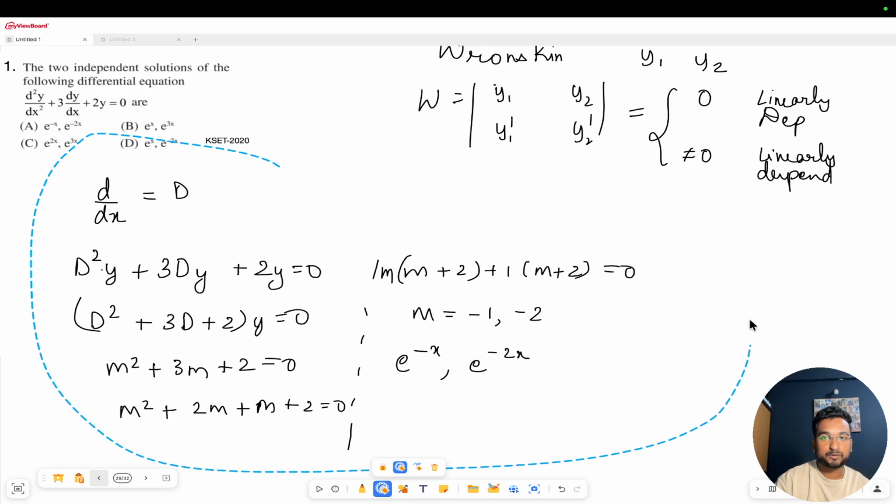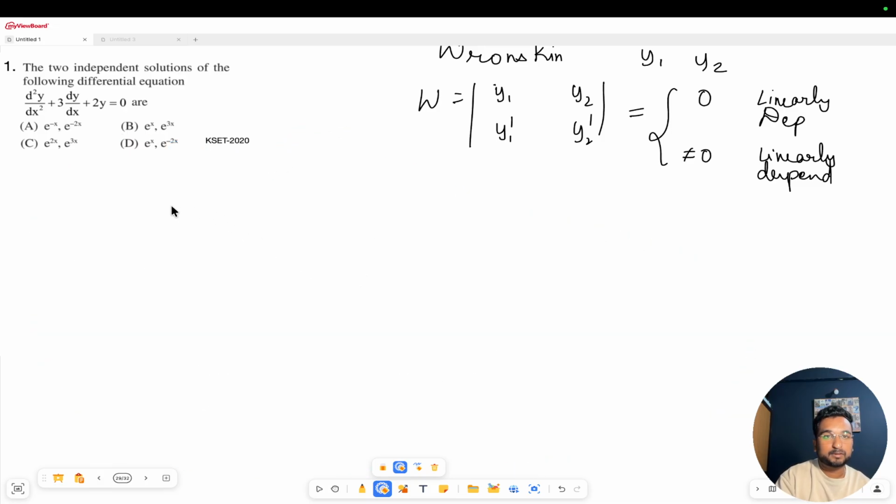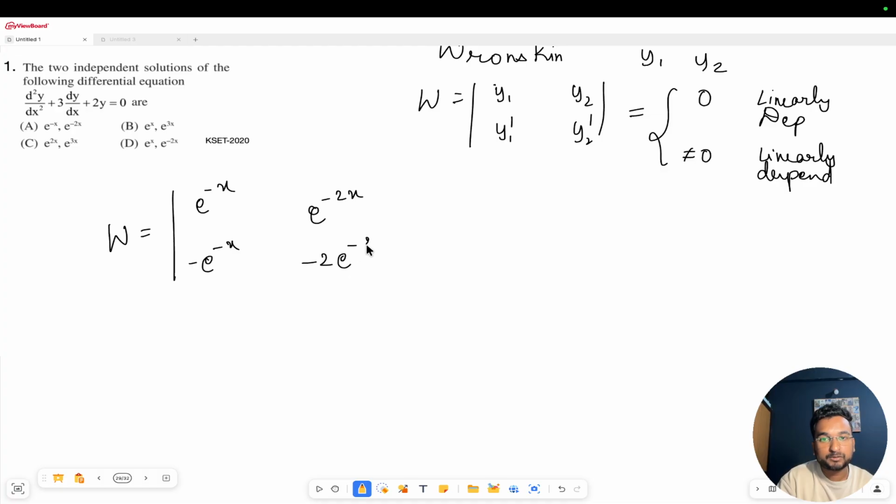So let's see how to calculate that. The Wronskian for option A will be e to the power minus x, e to the power minus 2x, and the differentiation of these will be minus e to the power minus x and minus 2 e to the power minus 2x. You just have to see whether this is getting 0 or not.